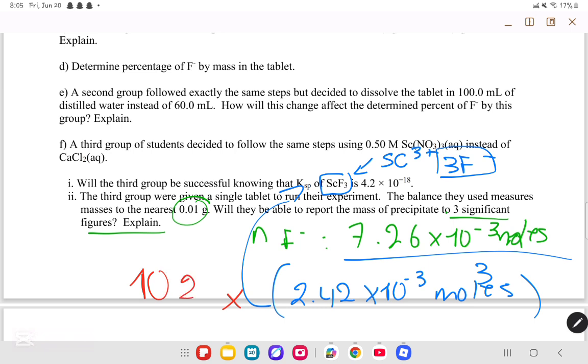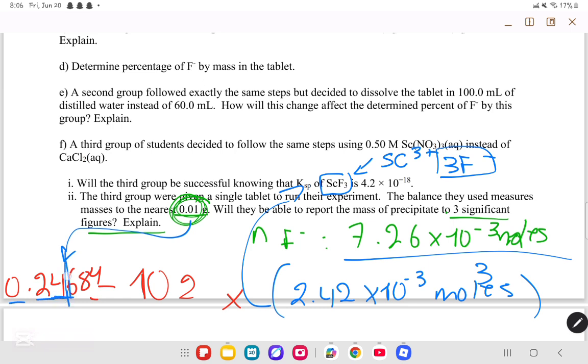So it's going to be 102 times 2.42 times 10 to the power of minus 3, and you will get an answer of 0.24684. They said it will report to the nearest 0.01 gram. That means it could only be 1, 2, 3.